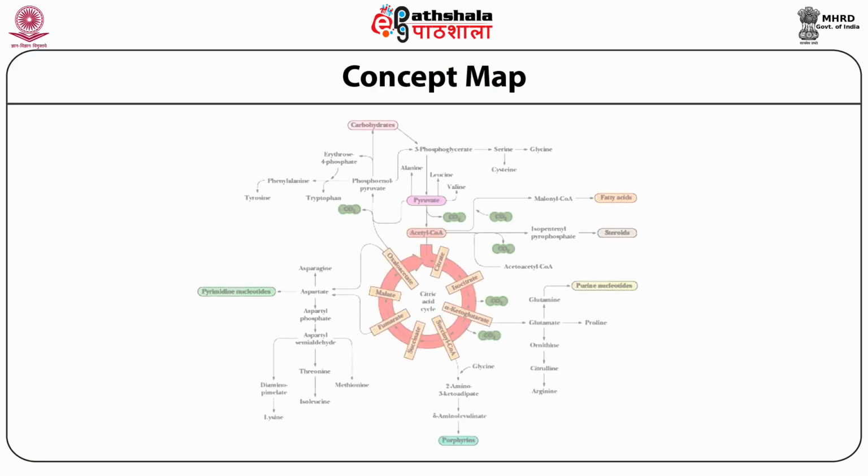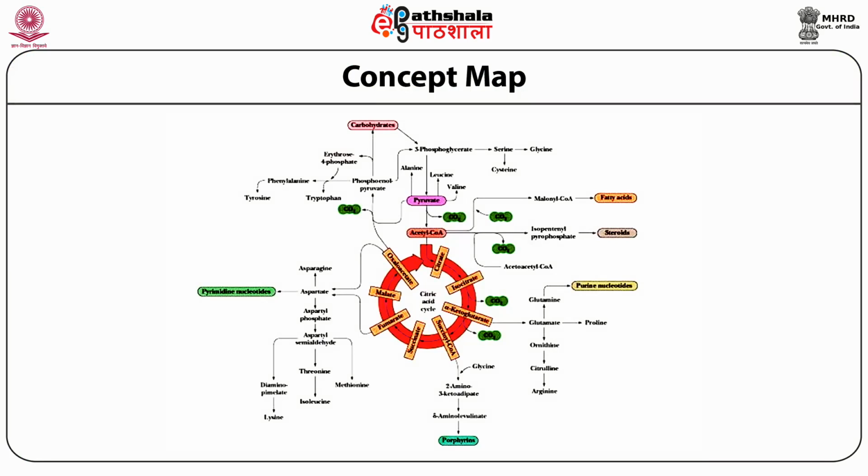The cycle is also an important source of precursors, not only for the storage form of fuel but also for building blocks of many other molecules such as amino acids, nucleotide bases, cholesterol, and porphyrin, the organic compound of heme.